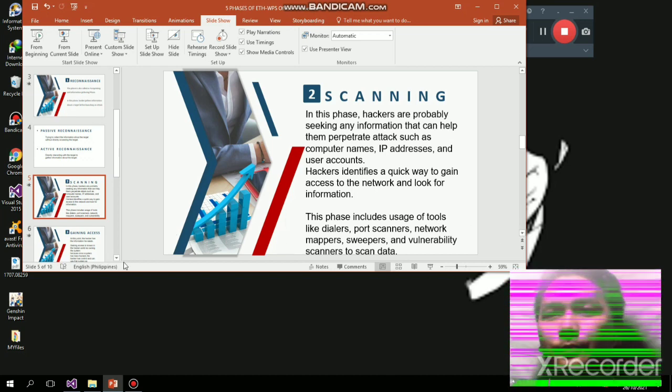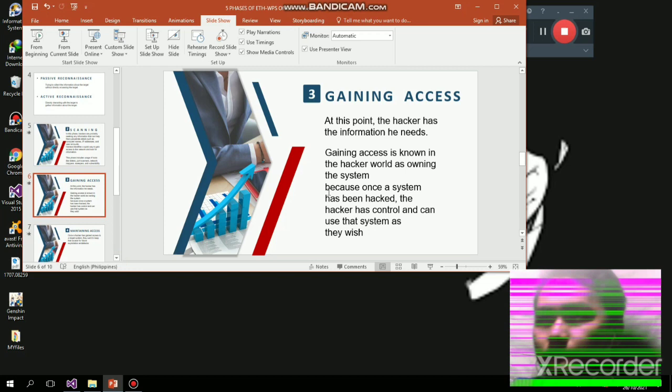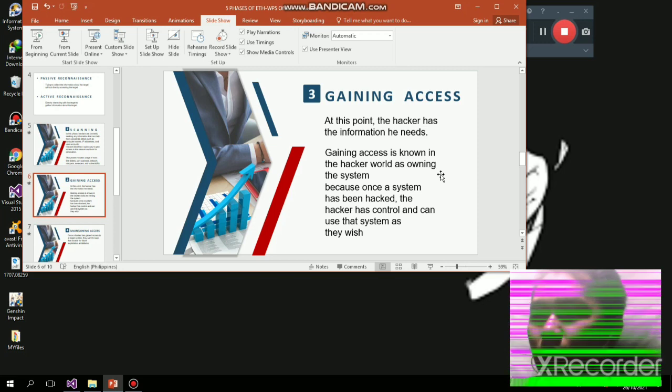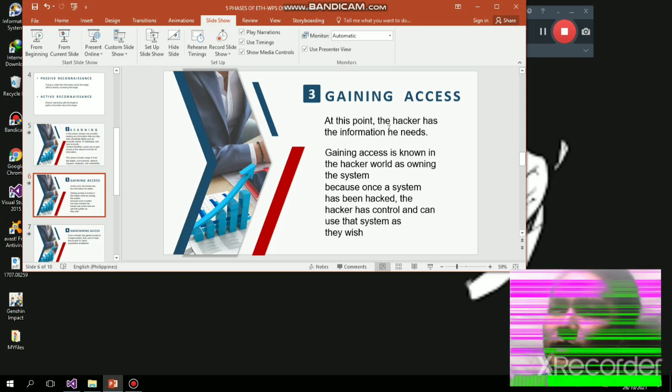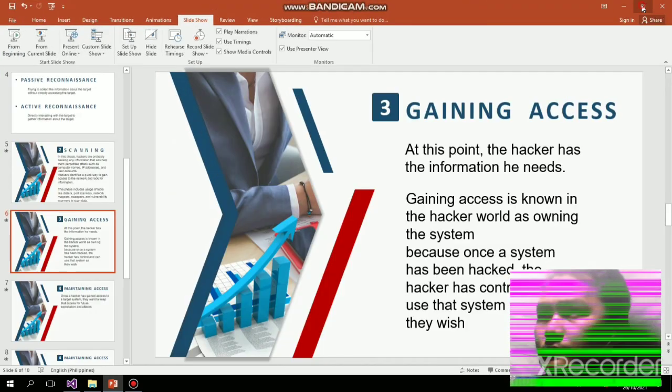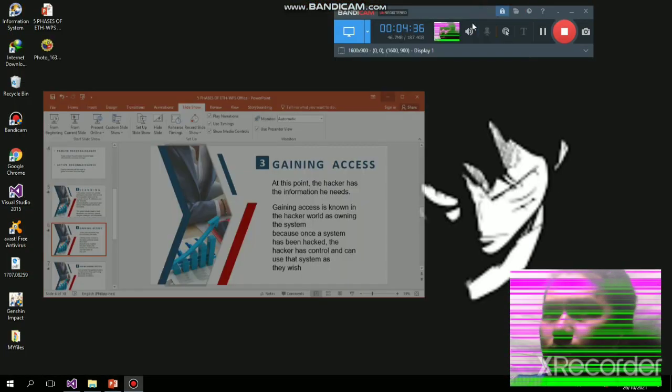So next is gaining access. In this phase, this is what real hackers do. At this point, the hacker has the information he needs.